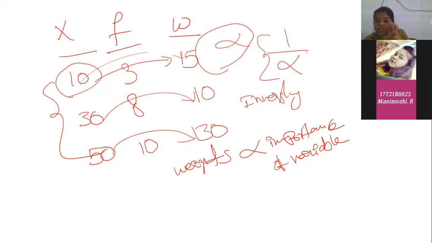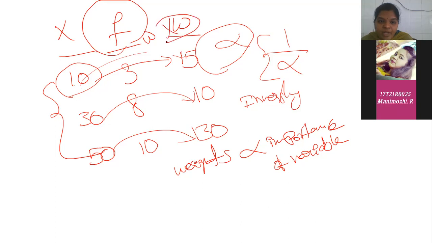So here you need to do some multiplication for getting a weight. The variable and the f values, you need to get some fx values. Here, this is not called a frequency. This will be called the weights.